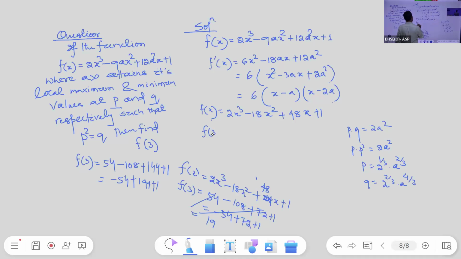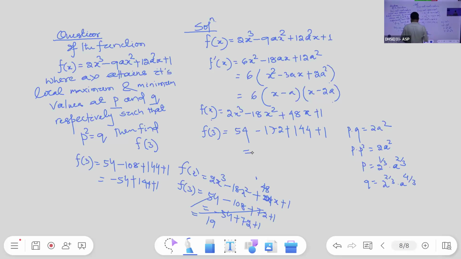So f of 3 will be 54 minus 162 plus 144 plus 1.